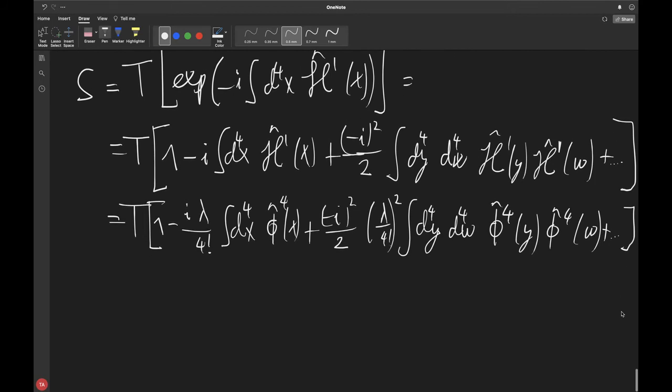As a next step, let's plug this back into the amplitude, as in 6.5.4.